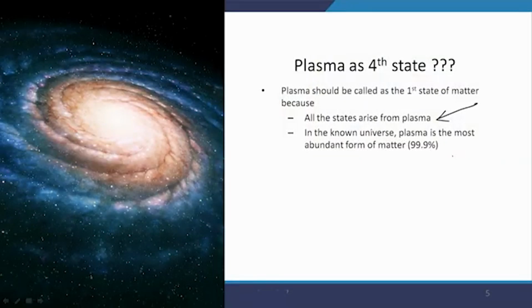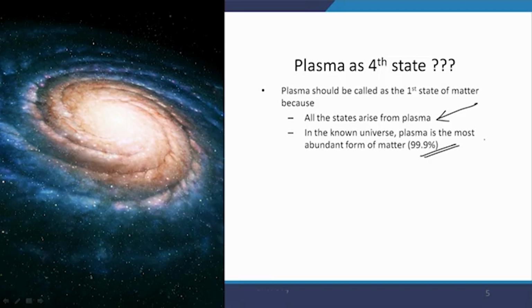Because all the states arise from plasma, and most importantly, in the known universe that we can see, plasma is the most abundant form, wherein 99.9% of the matter exists in the plasma state. So, in totality, the entire universe is made up of plasma. It is not liquid, it is not gas, it is not solid, it is basically plasma.